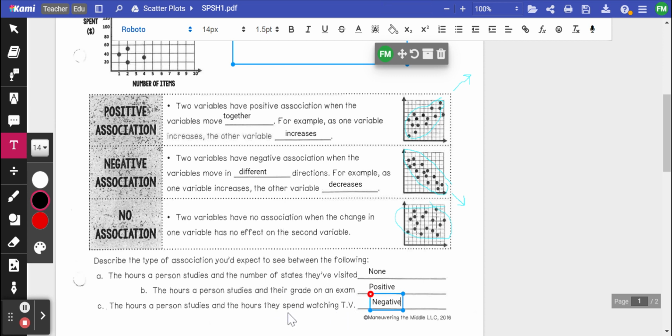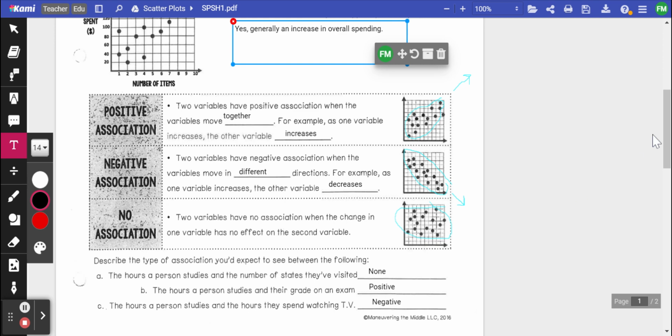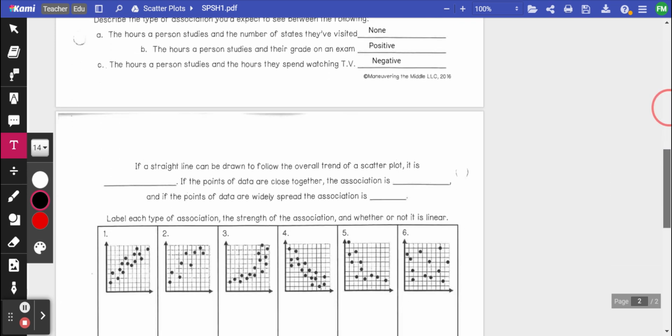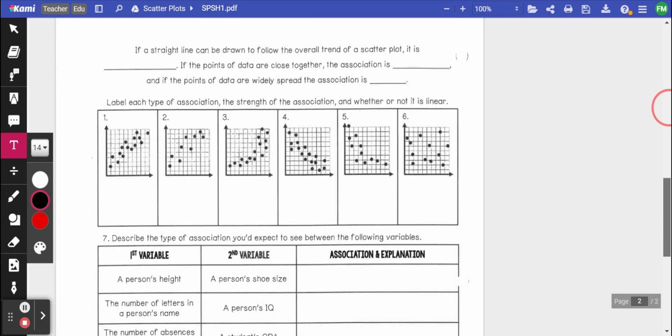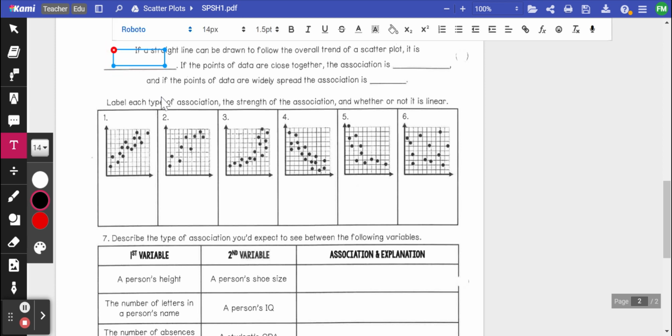The more you watch TV, the less you study. So you can see those working in separate directions. Okay, back page. If a straight line can be drawn to follow the overall trend of a scatter plot, it is linear.